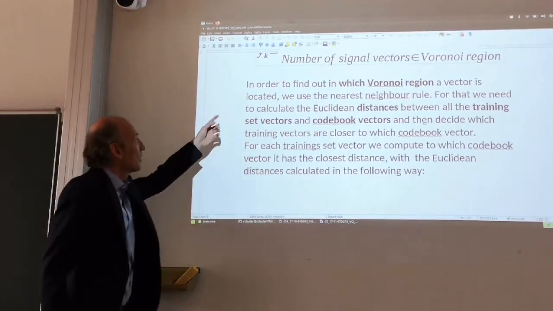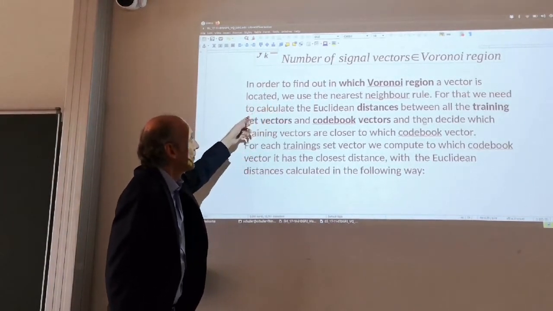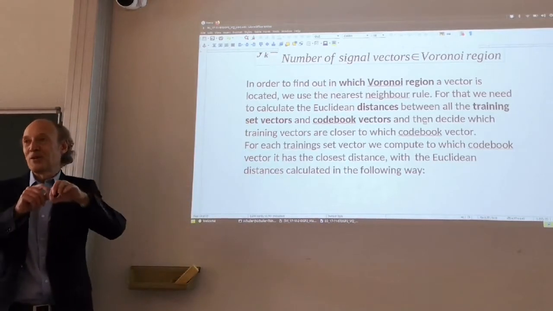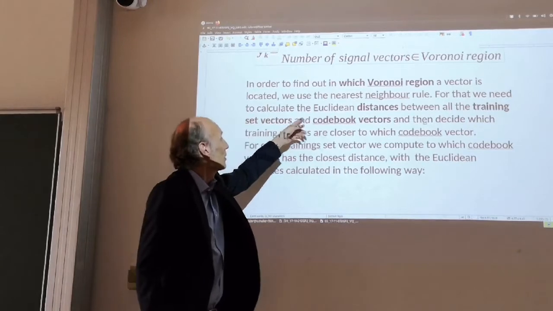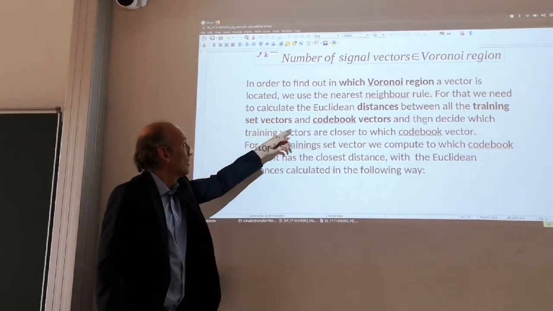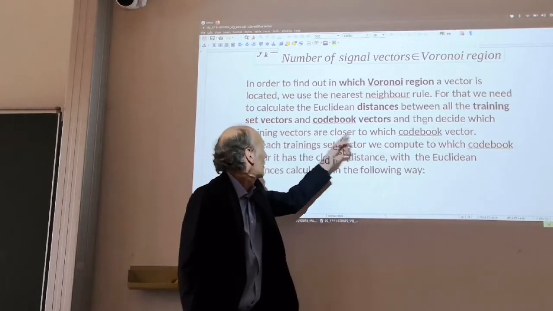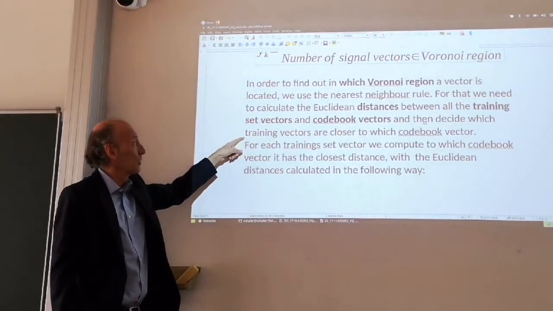In order to find in which Voronoi region the vector is located, we use the nearest neighbor rule. If you don't have this graph, you have to use the nearest neighbor rule. For that, you need to calculate the Euclidean distances between all the training set vectors and codebook vectors, and then decide which training vectors are closer to which codebook vectors.